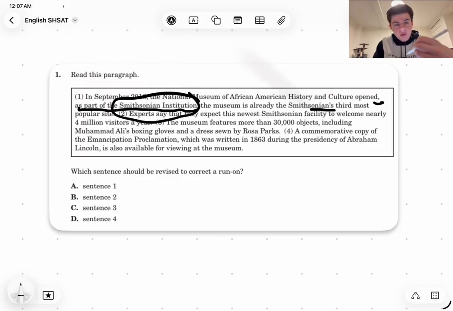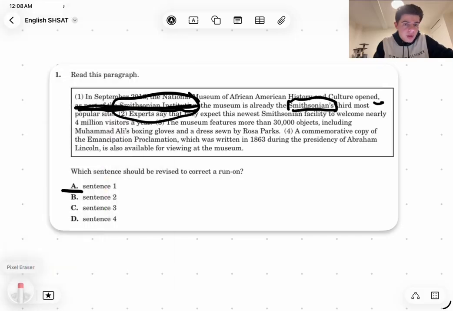Because here they're talking about the Smithsonian. So you can't just cut this part of the sentence out as they are saying you should. By doing that, you wouldn't know that it's part of the Smithsonian. So that's why I'm leaning towards A, right? If I'm just by looking at this, I would lean towards A because of the fact that they're trying to eliminate essential information. Okay, but let's keep going.